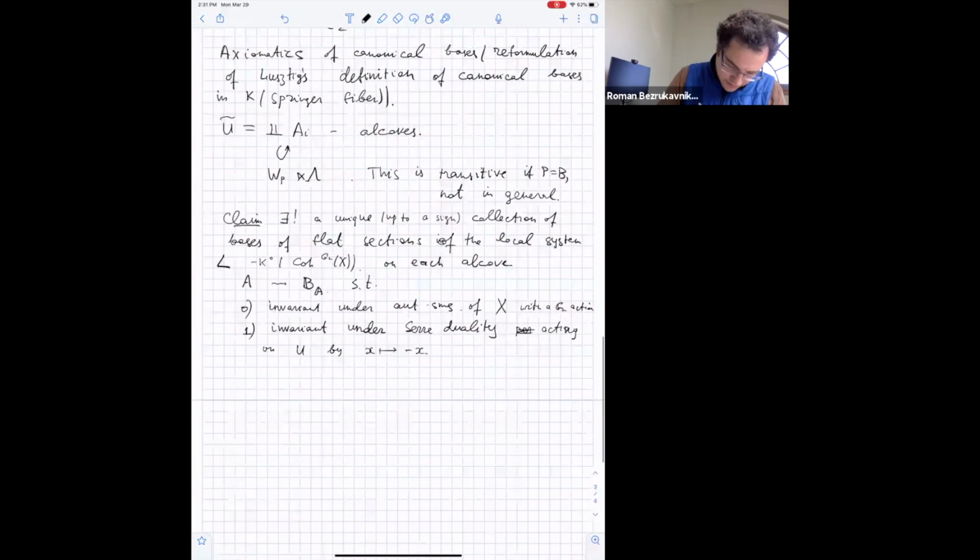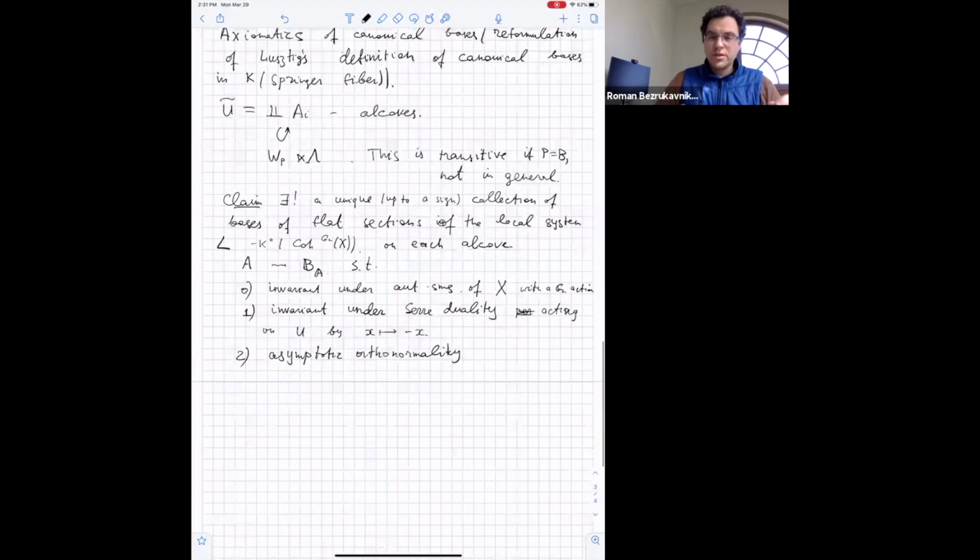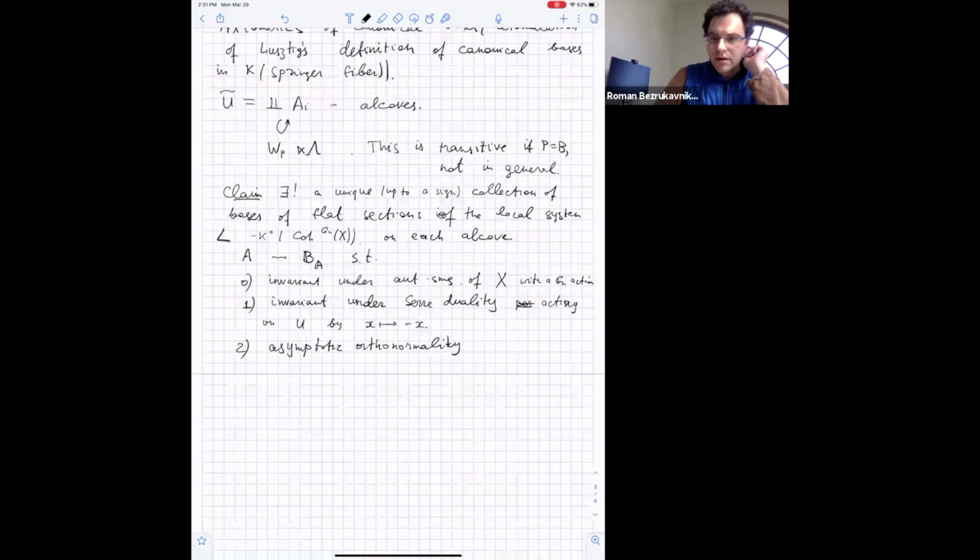And then the key axiom is, well, there are two axioms. So one is asymptotic orthonormality. Which means that we have a pairing coming from the Ext pairing.